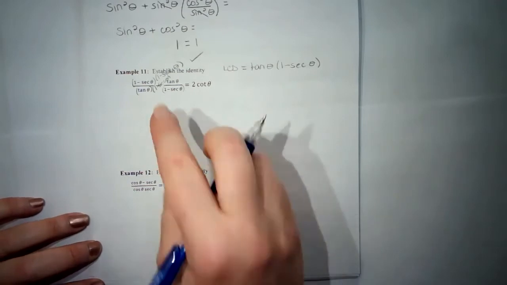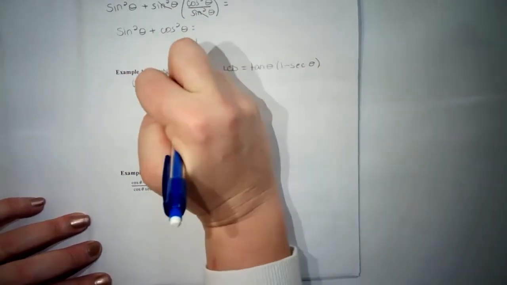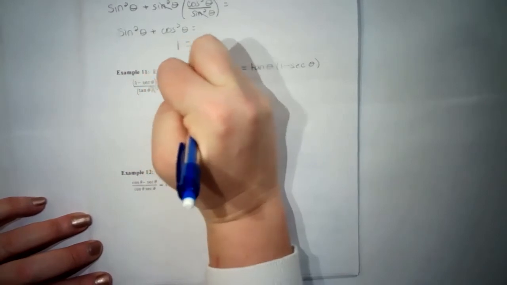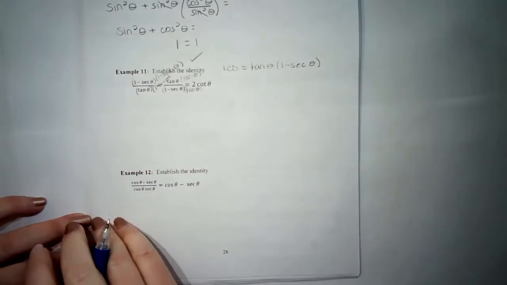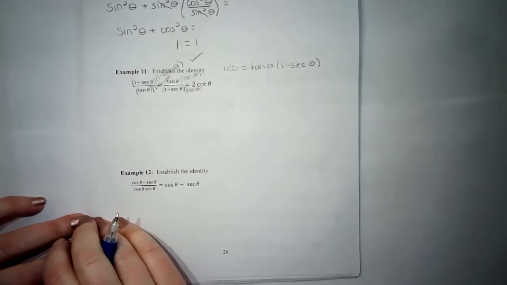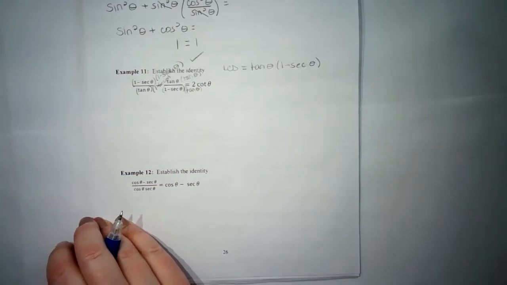Okay. This guy here, his denominator needs tan theta. So I'm going to multiply top and bottom by tan theta. Now let's make it a little clearer and write it out. Is everybody okay with what I did though? I just multiplied the top and bottom of each fraction by what that denominator needed, right?